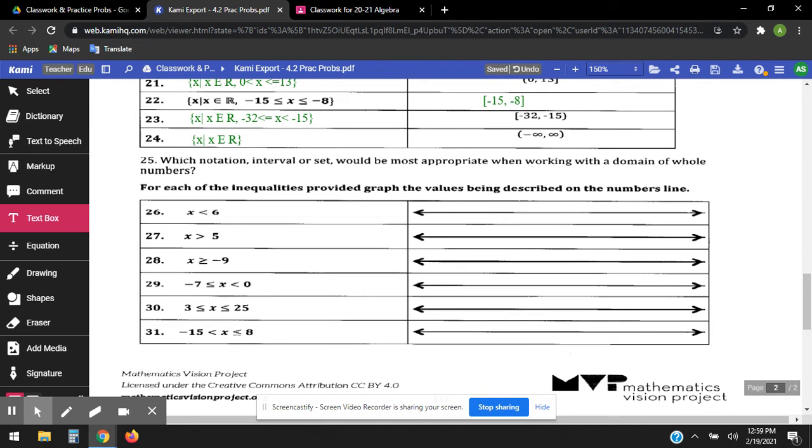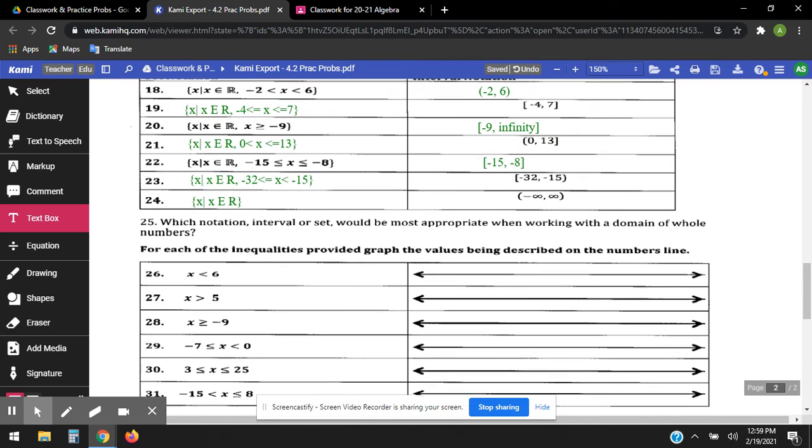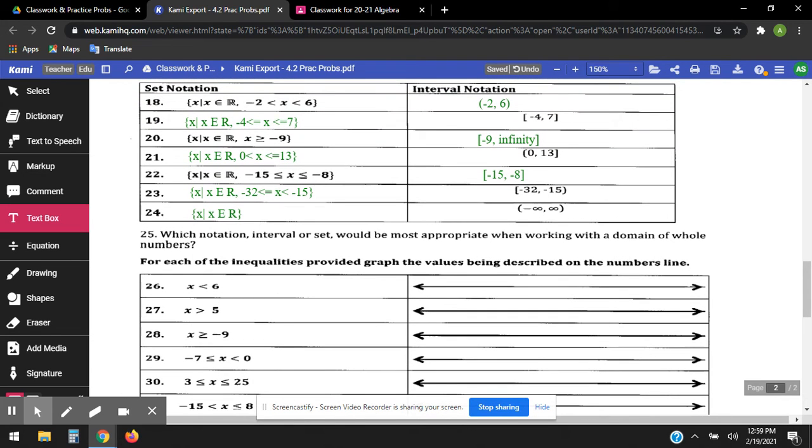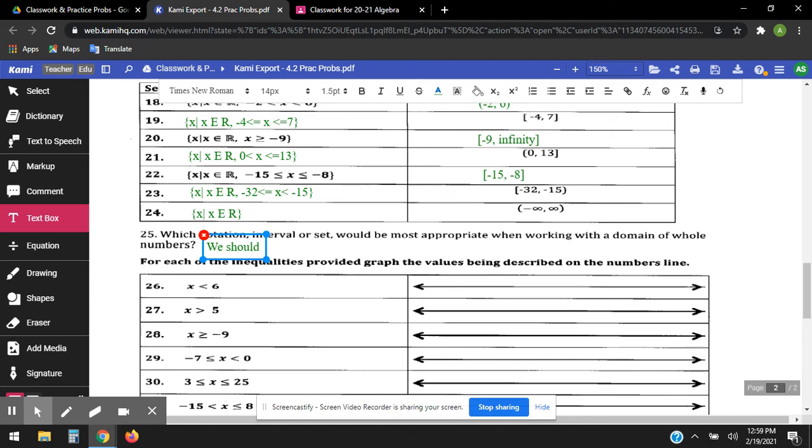Which notation, interval, or set would be most appropriate when working with the domain of whole numbers? So to answer that one, which of these would be for whole numbers? We probably don't want to use interval because that includes everything in between. So really, if we're going to do a domain of whole numbers, we should use set notation because then we can say natural numbers or integers.